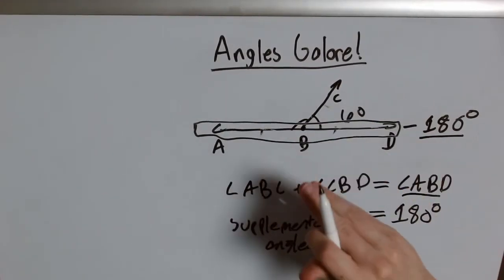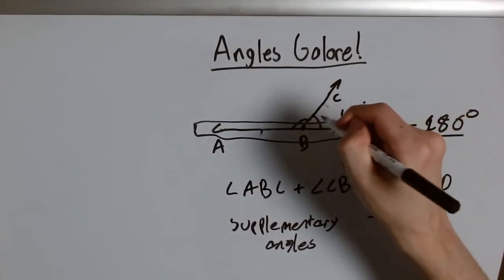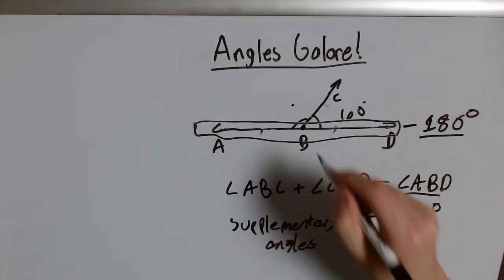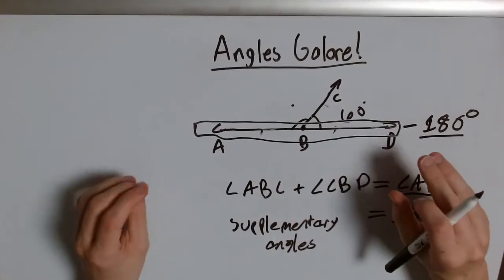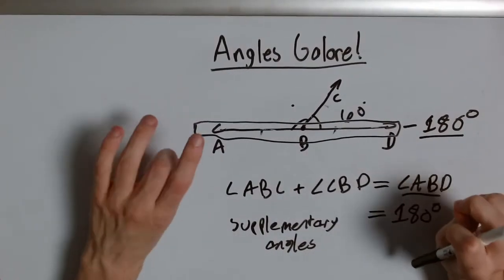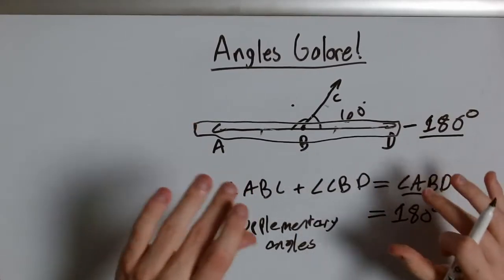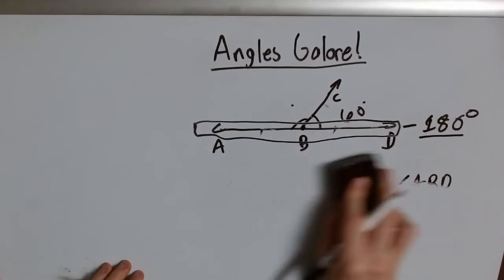And these two combined make that flat angle. So 60 plus whatever this is has to equal 180, which means this has to equal 120. So it's problem solving. We look for angles that we know work. We know this is 180. And then kind of construct a semi-algebraic equation to find this other angle.